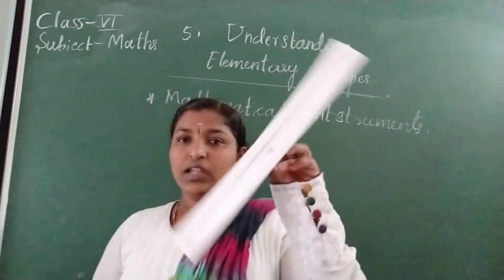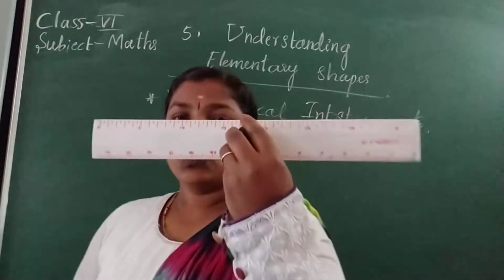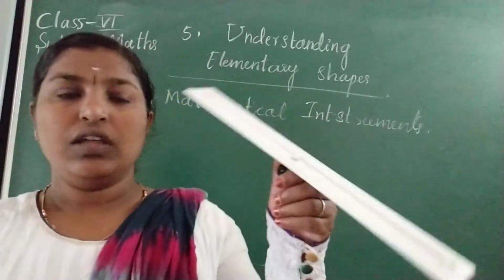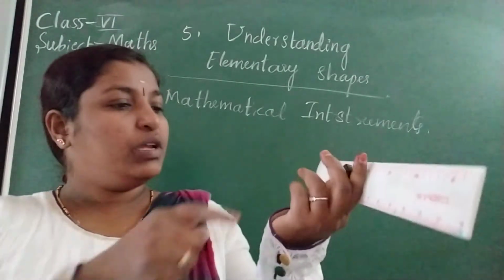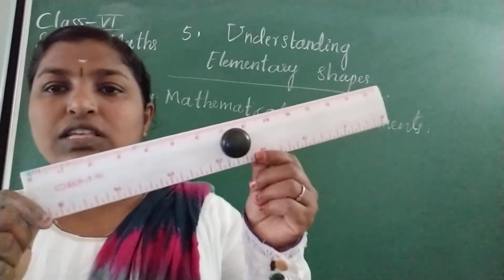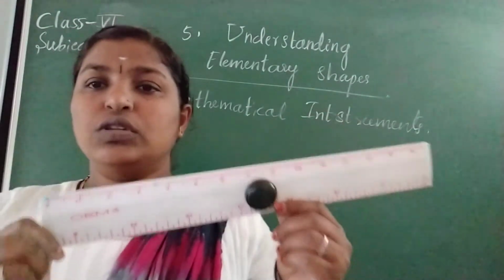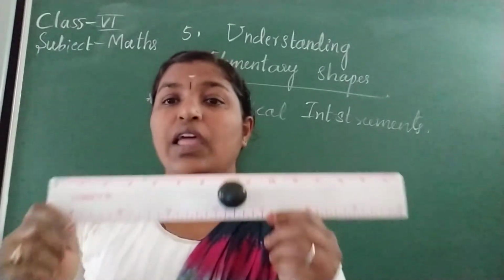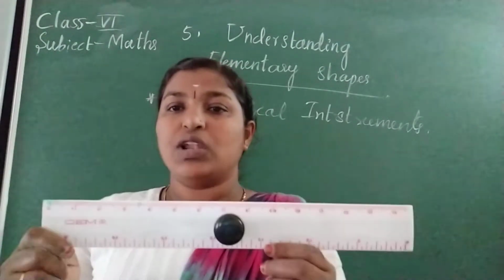That is first one, ruler. So there is a ruler I am showing you. This is ruler which is having centimeters and inches on it. This is called as ruler. We use this ruler to measure the lengths which are in small scale.